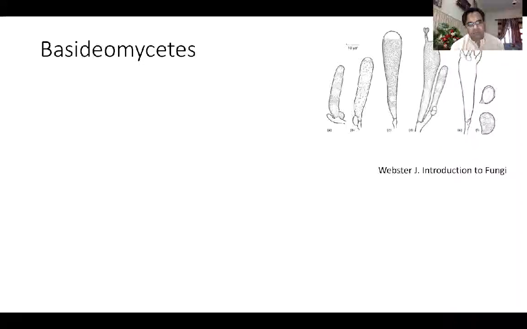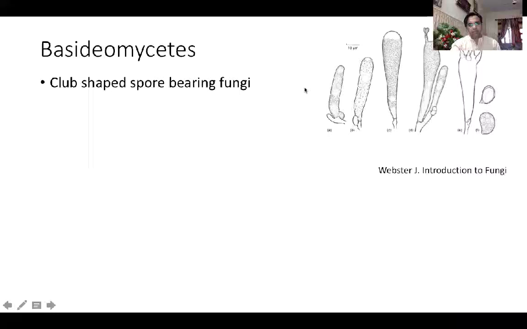And now we discuss another important group of higher fungi. These are basidiomycetes. They actually make club-like bodies, so that's why they are also known as club-shaped spore-bearing fungi.